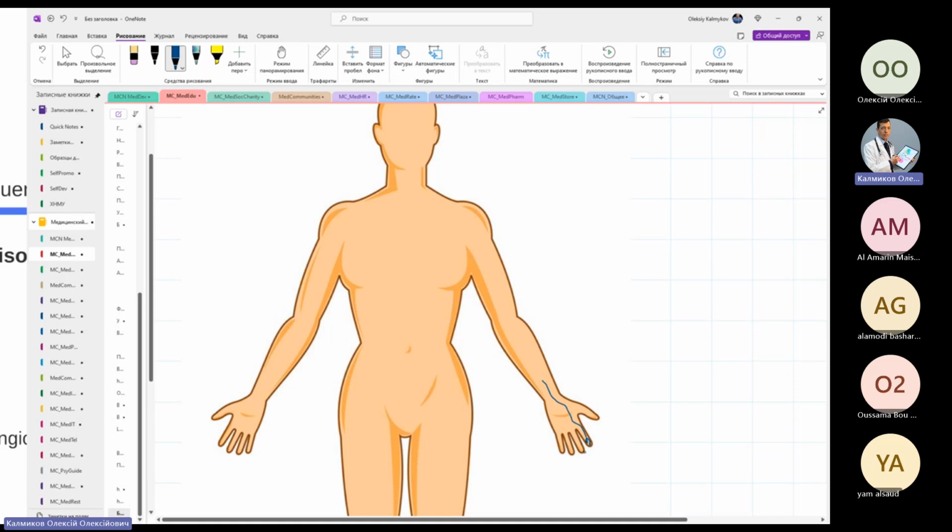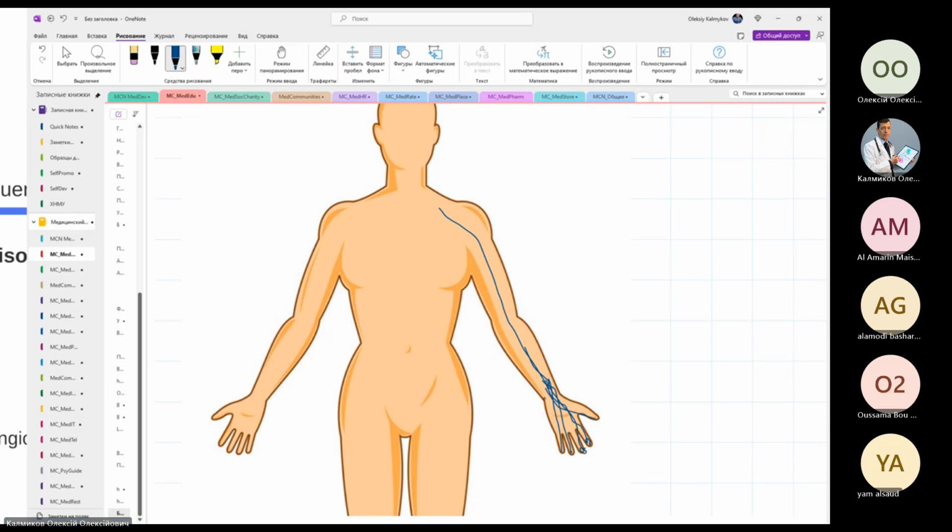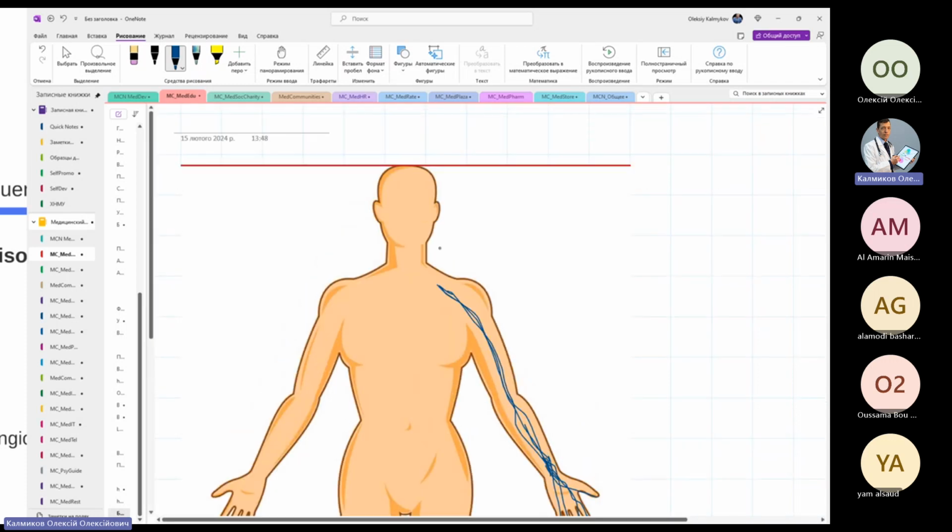And if this lasts for 1 day or maximally 2 days, with improvement after the weekends especially, this is just a variant of norm. But if it lasts longer, more than 2 to 3 days or maximally 7 days, this is a sign of already developing hyposensation, hypesthesia.